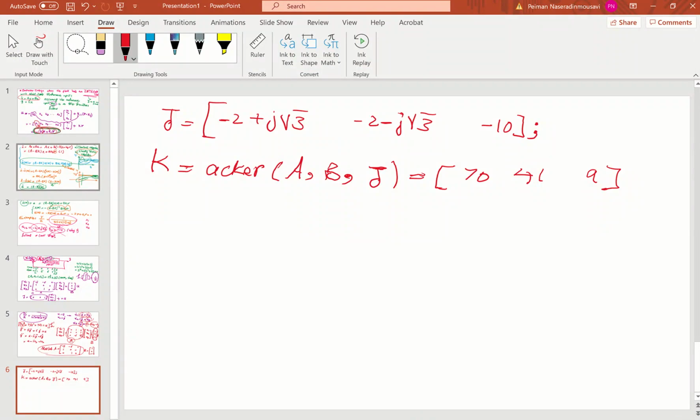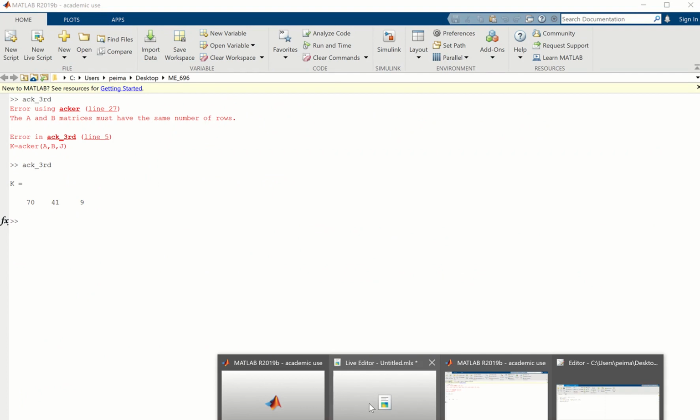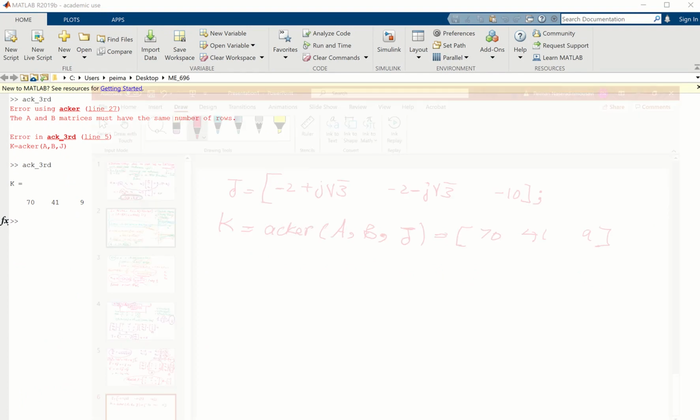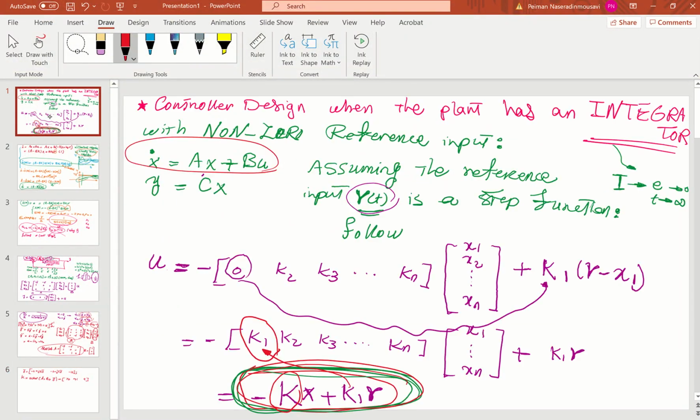Here we go. Understand? So this is your gain matrix. But based on whatever I taught you, your u is minus kx, plus the first element multiplied by r, the unit step. Understand? So r, from undergraduate control, unit step is 1, whatever.